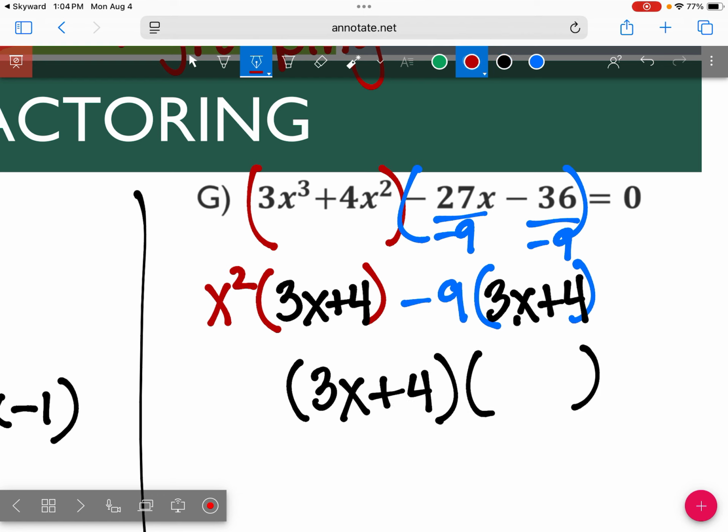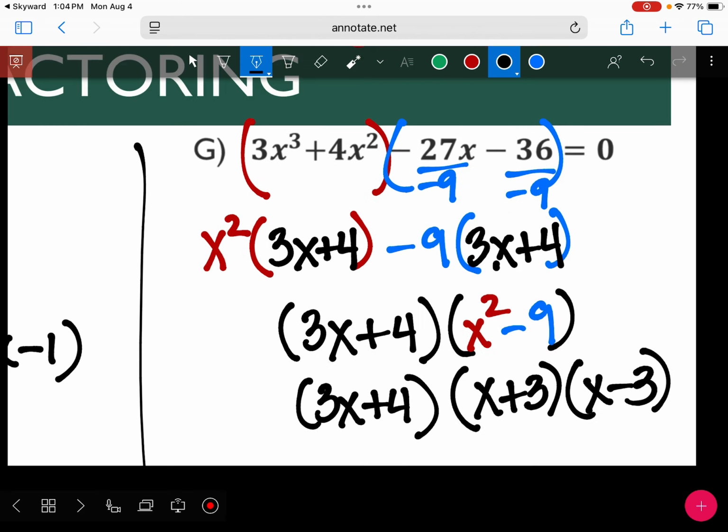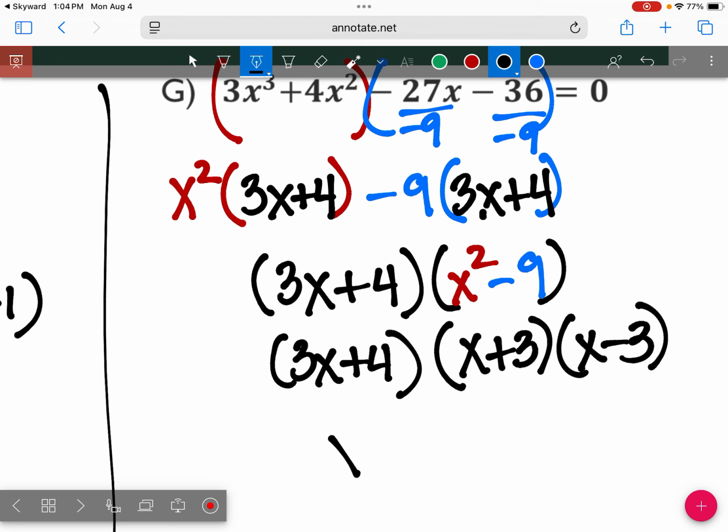And in the other one, I'm going to put my x squared and my minus 9. And this is the difference of squares, so that factors down again. So go ahead and set all three of these equal to 0. One of your answers will be a fraction and the other two will not.